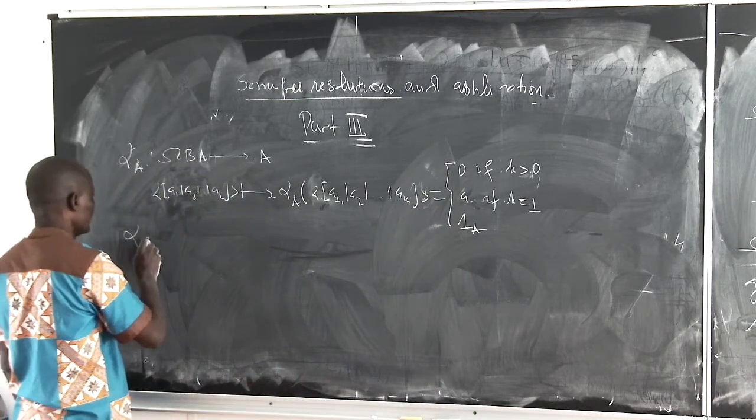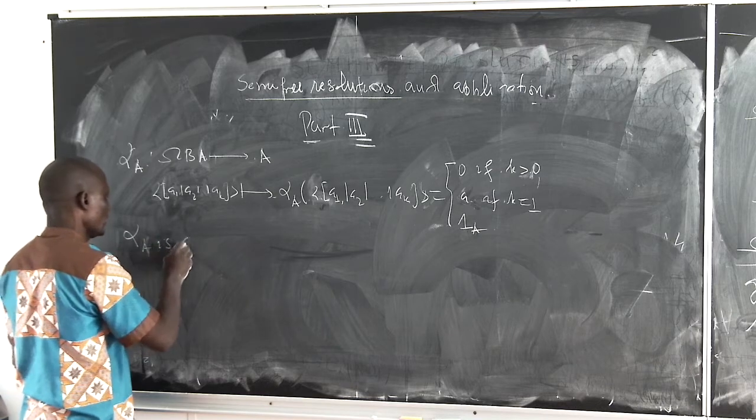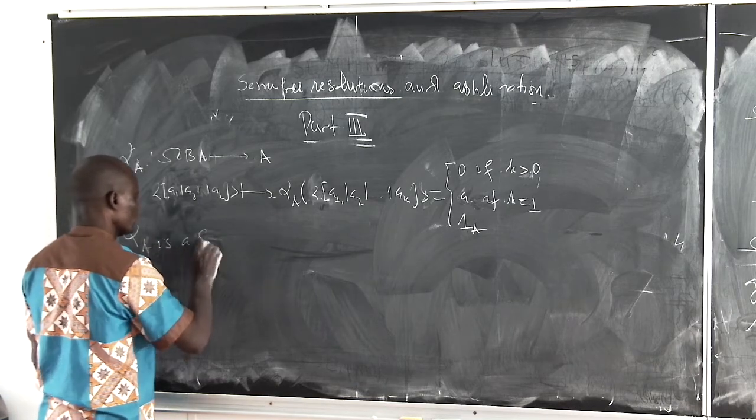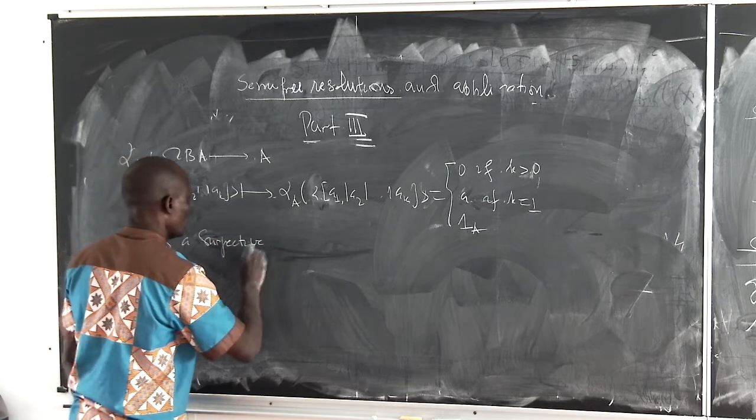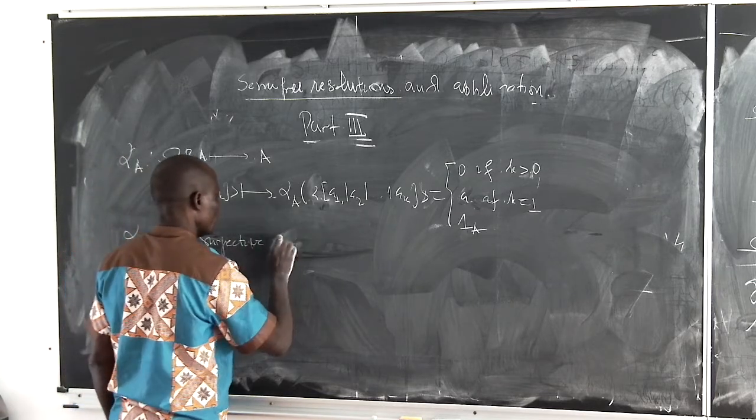Alpha_A is a surjective quasi-isomorphism.